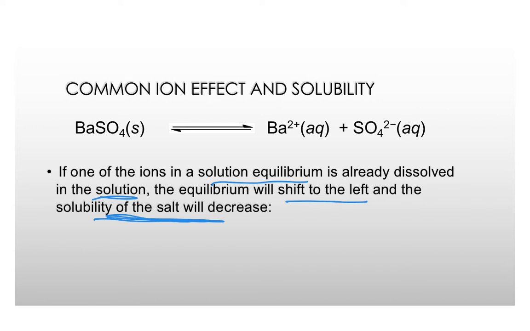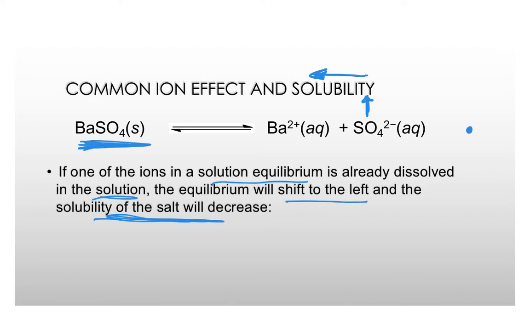Here's our standard solubility equation, but let's say instead of putting these into water, we're going to put them into a solution where there's already sulfate ion. That in a sense says that we have increased the concentration of sulfate in this equilibrium, and as a result, the reaction is going to shift away from this, toward the reactant side, where we have solid BaSO4.